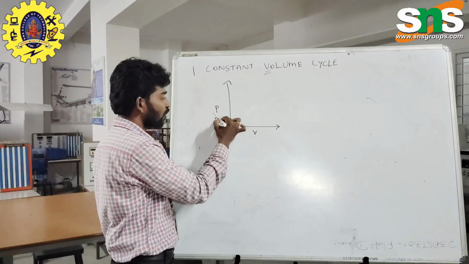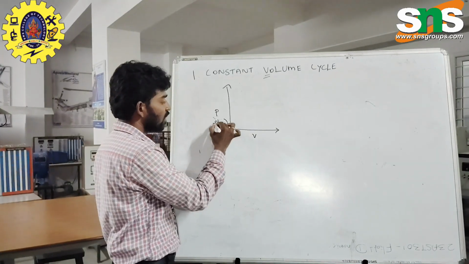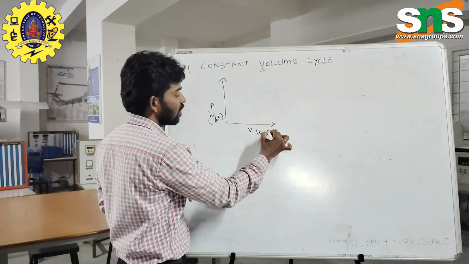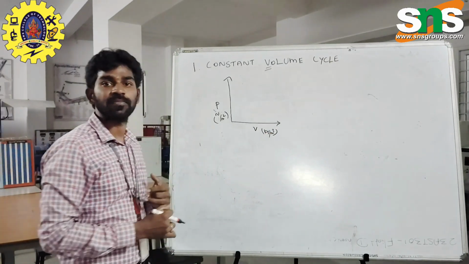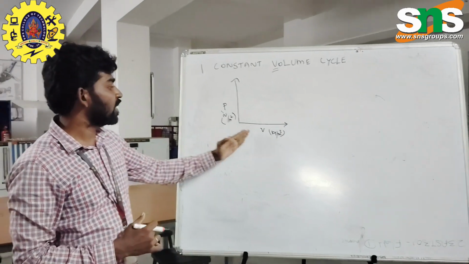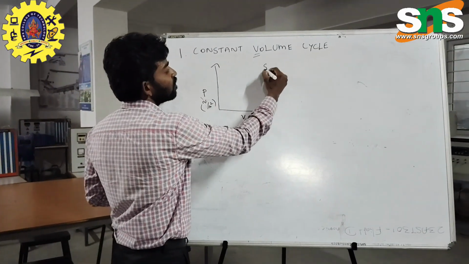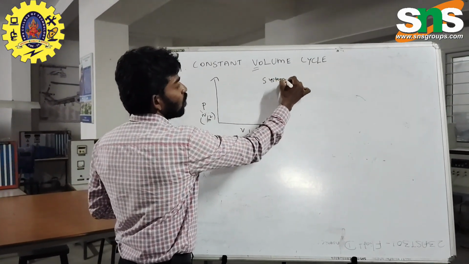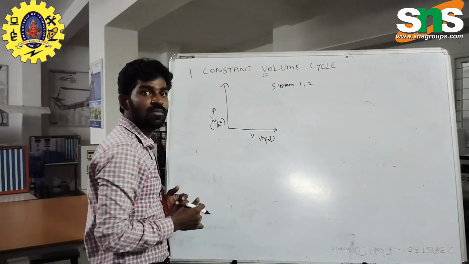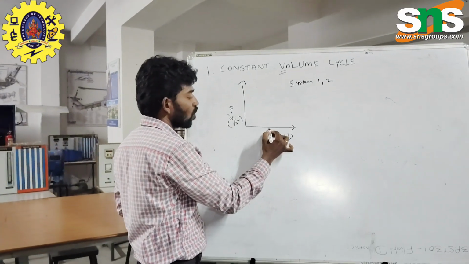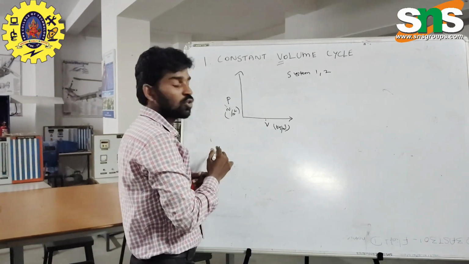Pressure has units of Newton per meter squared and volume has units of meter cube. In this area we consider system states 1 and 2. Here the volume is the same. Here is 1 and here is 2.